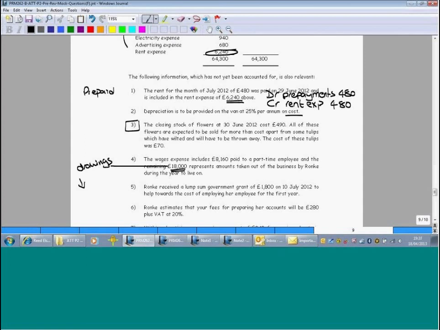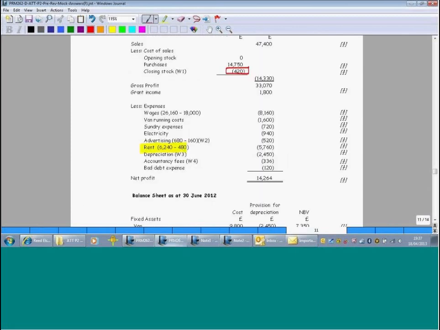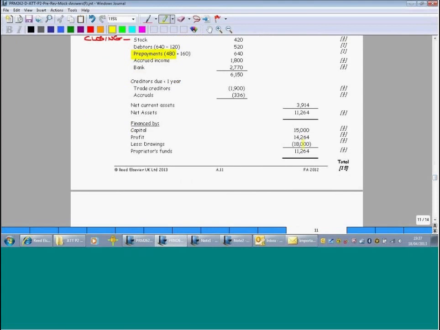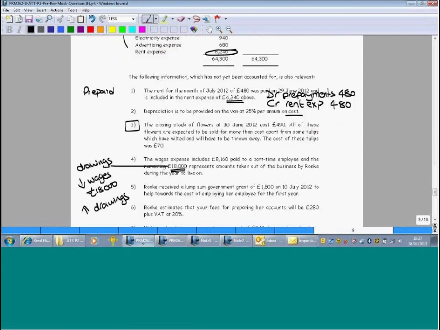So we're going to decrease our wages expense by £18,000, and increase our drawings by £18,000. In the answer, that's what they're doing. In wages expense, they're decreasing it by that £18,000, and at the bottom of the balance sheet, the drawings figure that we deduct is that £18,000.